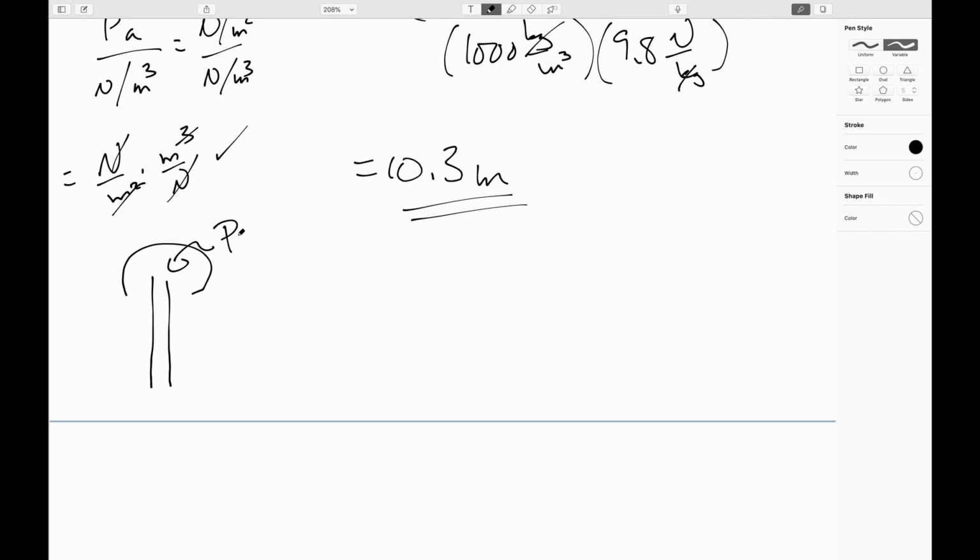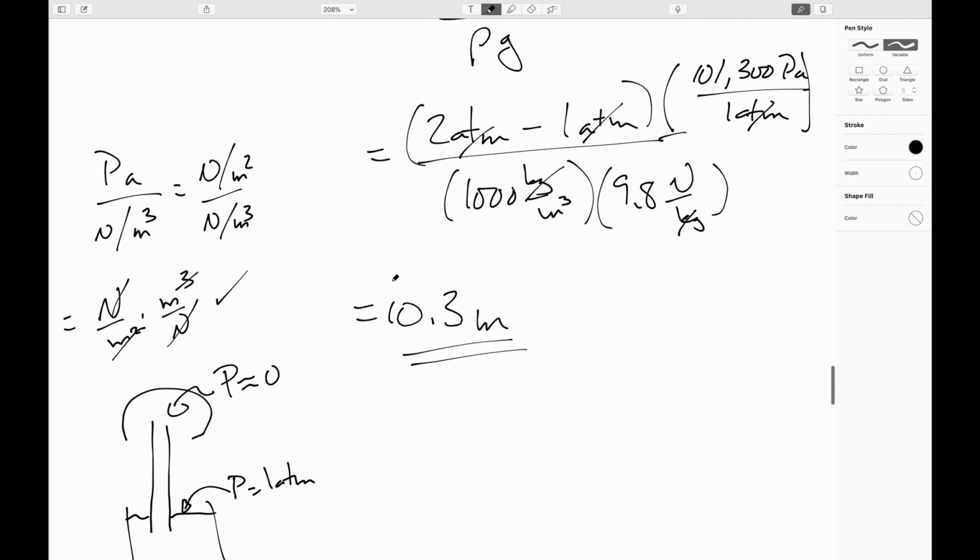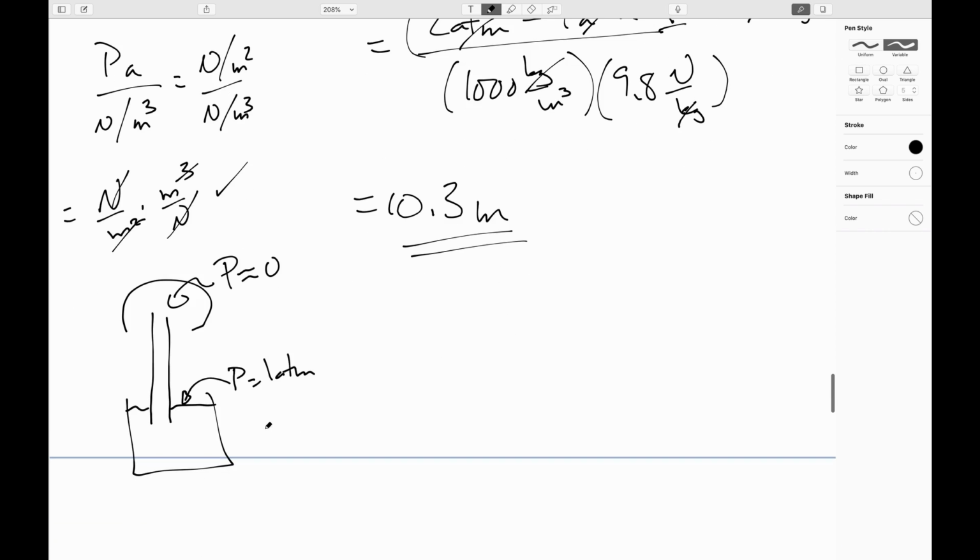The lowest you could ever conceivably make that pressure would be 0. And then the straw is sticking in your beverage, so the pressure here is going to be 1 atmosphere. So 1 atmosphere minus 0 is still a difference of 1, just like here. The lowest pressure you could possibly make in your mouth is 0, which means this max height is 10.3 meters.